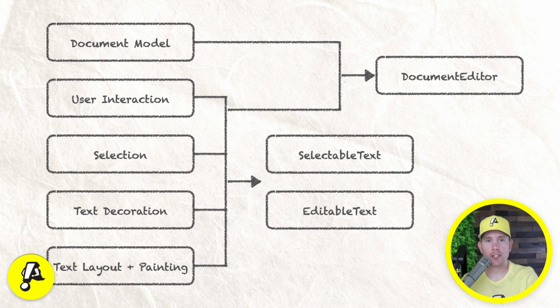Then let's talk about selection. Selection is mostly a logical concern, not a visual concern, not an interaction concern, a logical concern. You have a document with images, headers, paragraphs, list items. How do you represent a selection inside of that document?